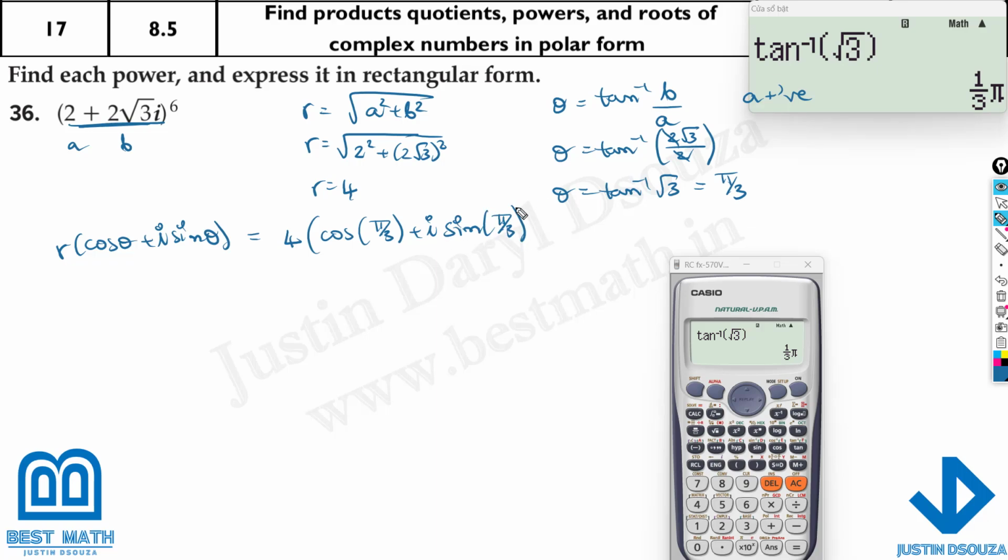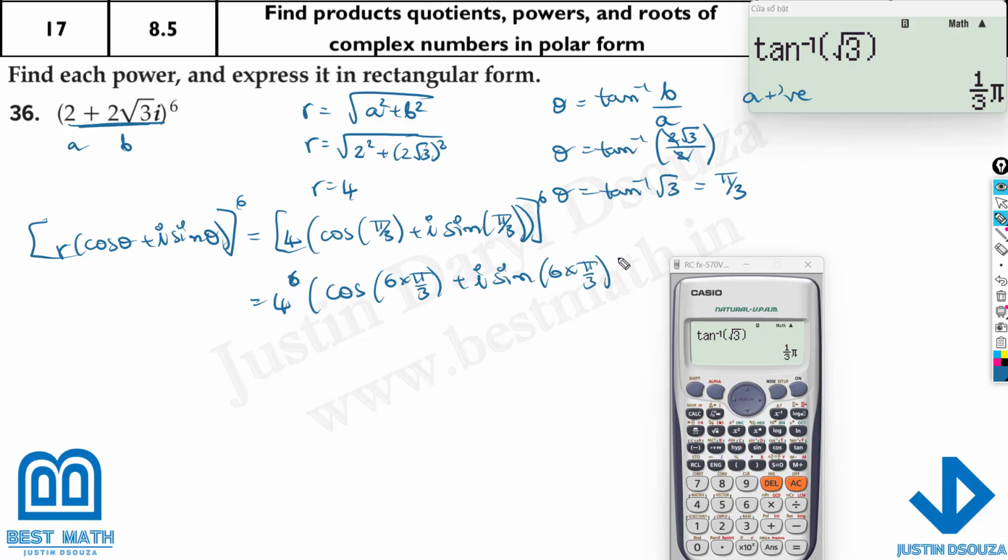Now, how much power do I need to raise this by? I need to raise it by power 6. So the radius 4 will be raised to the power 6, and for the cosine, you need to write 6 multiplied by pi by 3 plus i sine 6 multiplied by pi by 3. That's the total one.